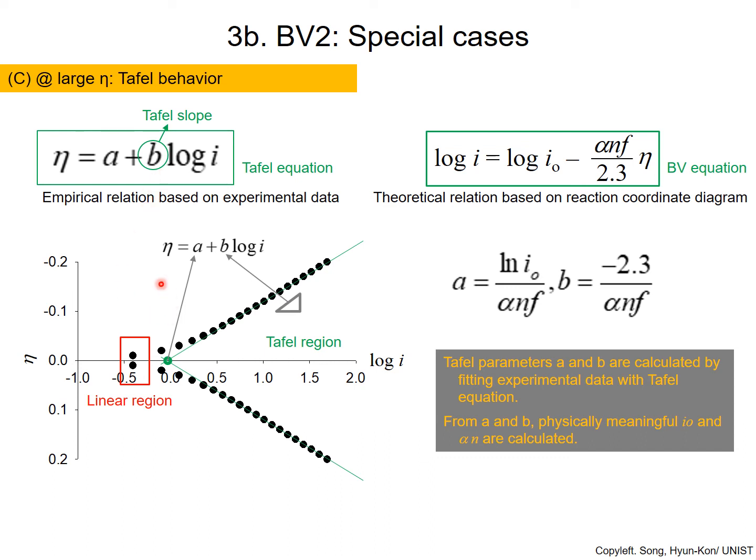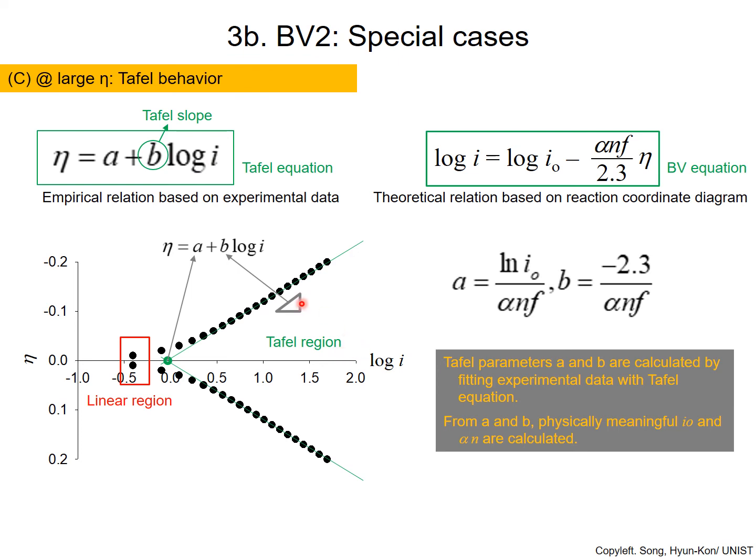Then in this graph, I have changed the log current axis into the x-axis. Then the potential is the y-axis. This is the so-called Tafel plot based on the Tafel equation. So eta is going to y and log I is going to x.